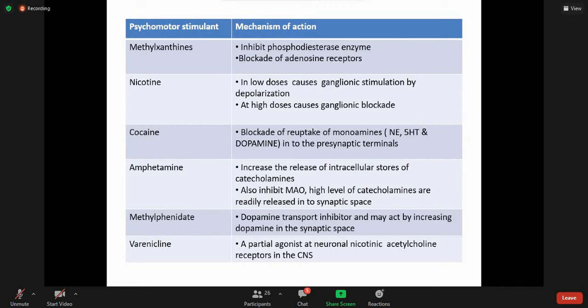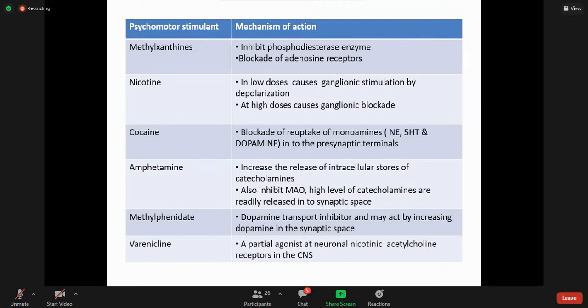This group inhibits this enzyme, so there will be no breakdown of cyclic AMP, and the level of cyclic AMP will rise. And this cyclic AMP is also responsible for producing mental alertness. This is important: mental alertness. For mental alertness or activity, a high level of cyclic AMP is required, right? So this is one of the possible mechanisms that we can correlate with psychomotor stimulation.